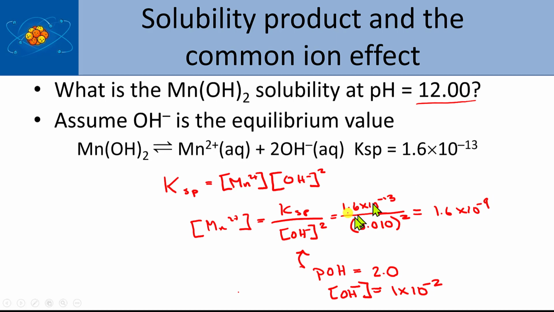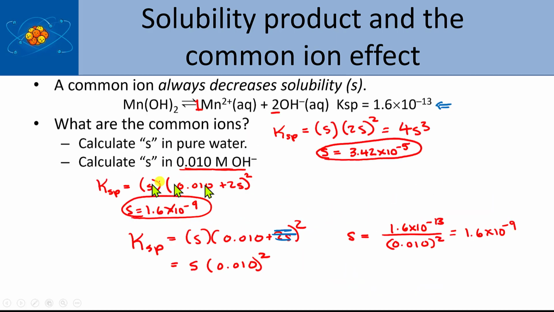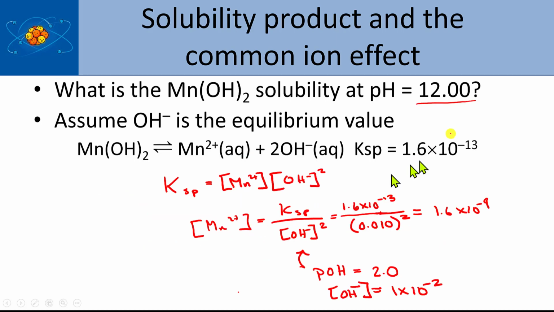So what was really weird about this problem? This is actually the same problem as this one, except the difference in the wording is that this one is present at the beginning, and this one is the equilibrium concentration because it's the pH.